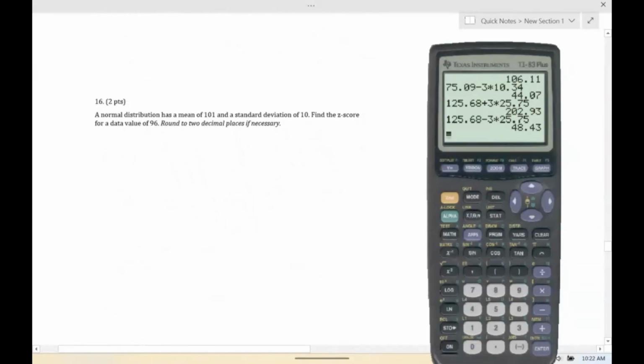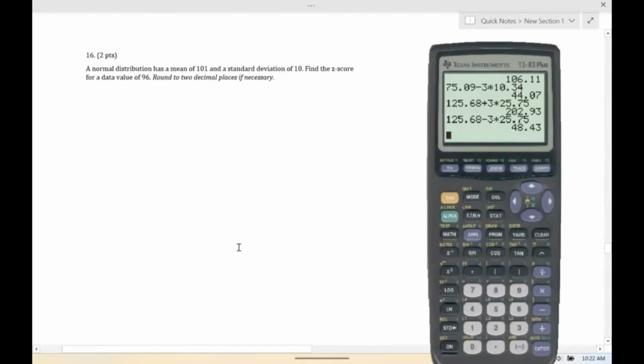Okay, for our next example, it says a normal distribution has a mean of 101 and a standard deviation of 10. We're asked to find the z-score for the data value of 96. So here's the formula to find the z-score. It's equal to x, and x is just the given value, minus the mean divided by the standard deviation.